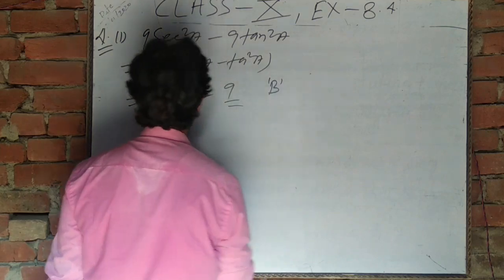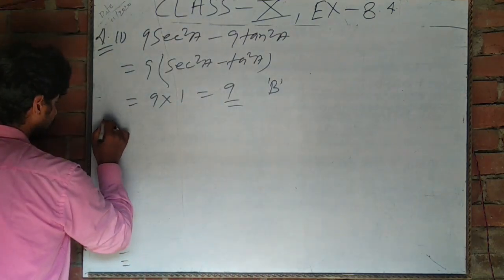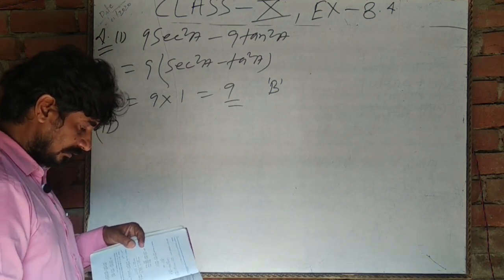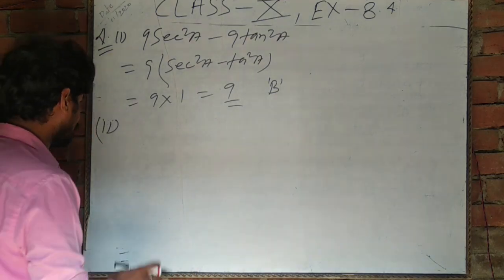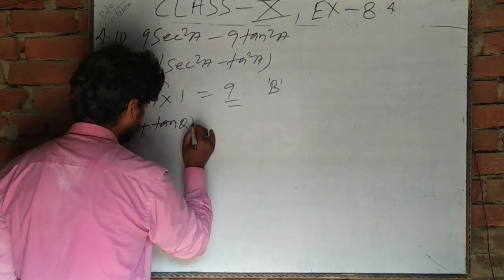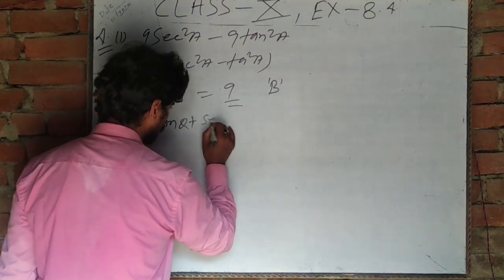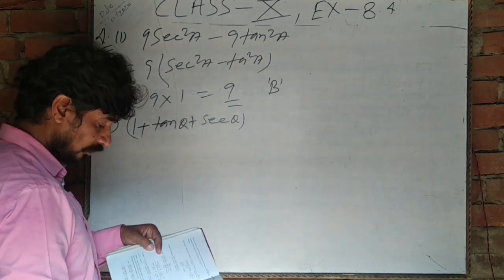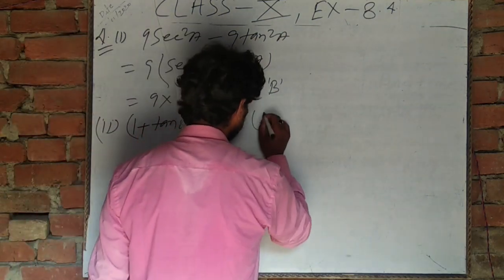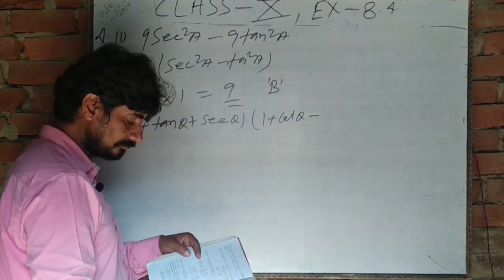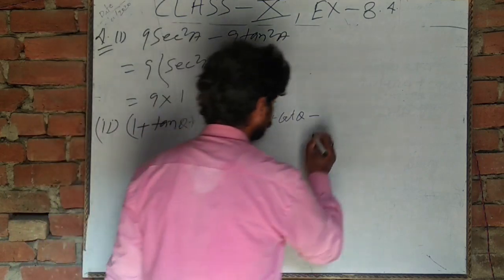Second, 1 plus tan theta plus sec theta into 1 plus cot theta minus cosec theta.